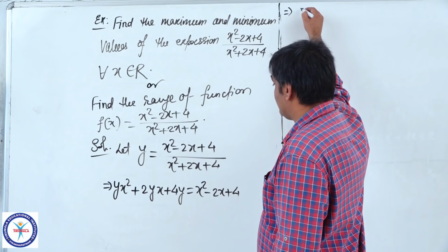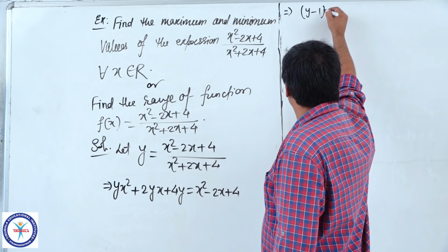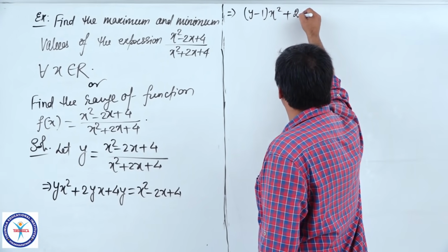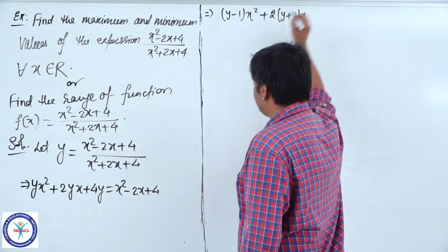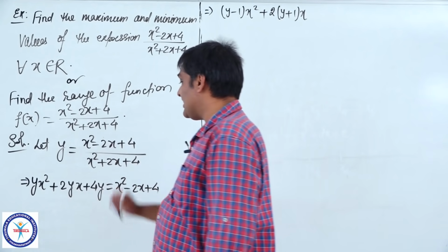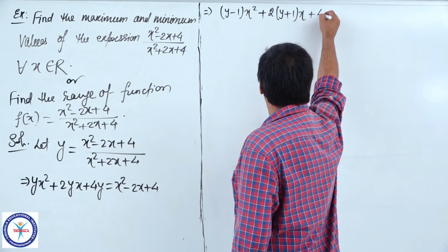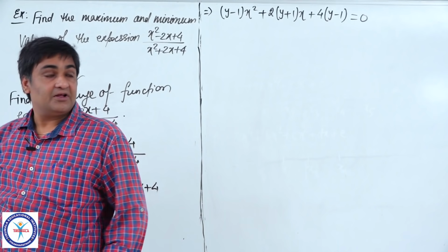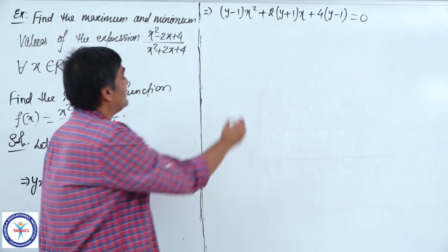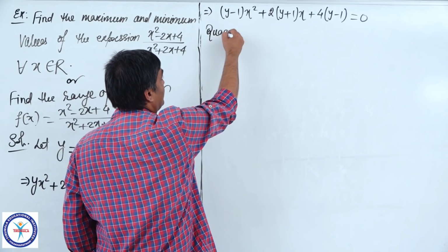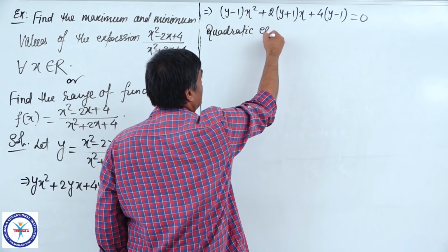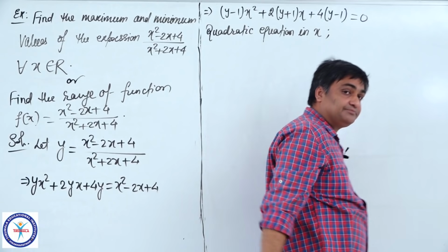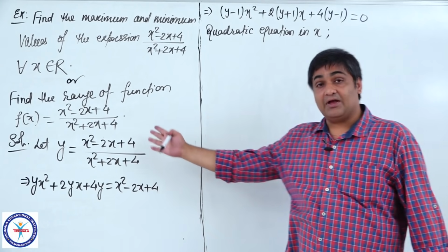So, we have (y minus 1)x square plus (2y plus 1)x plus (4y minus 1) equal to 0. This is a quadratic equation in x. And yes, x is real.